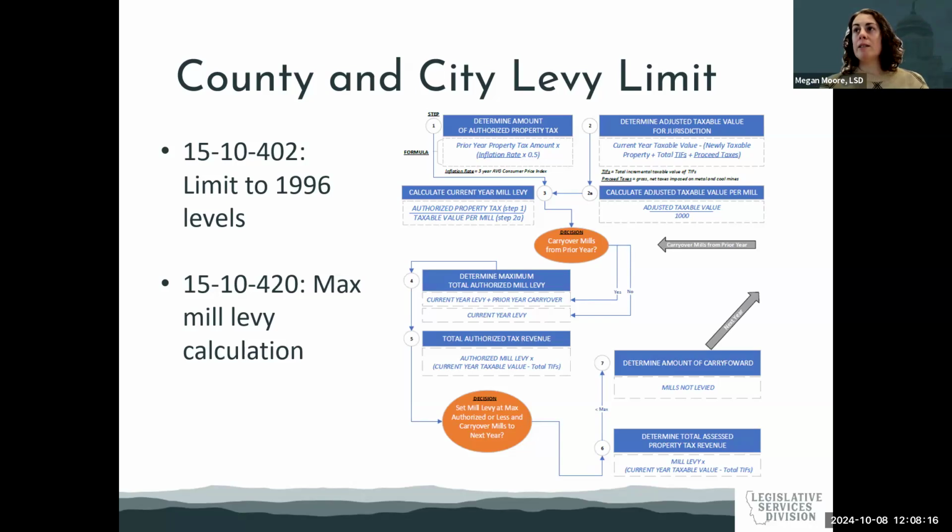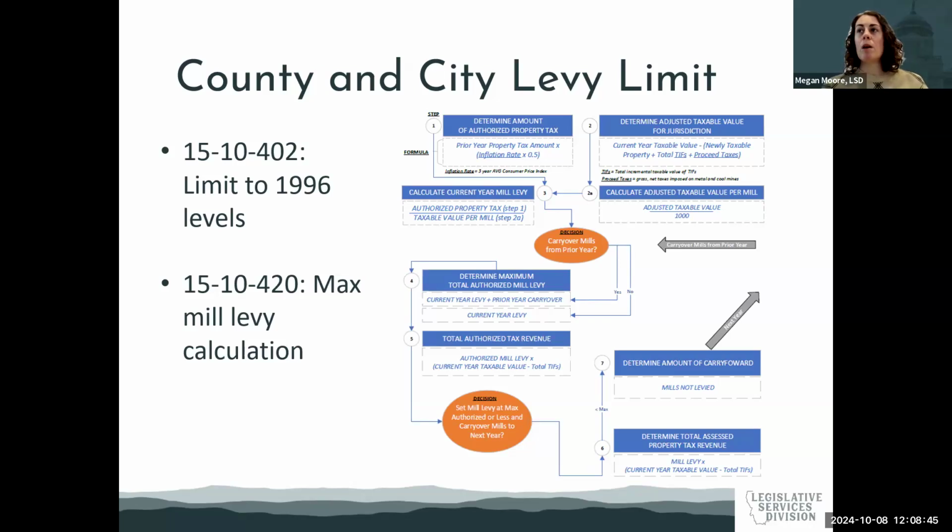But there are 3 adjustments to this amount. The first one is to remove the newly taxable property. A note on newly taxable property: this is new construction. It also includes newly subdivided property and property that's gone from exempt to non-exempt status, but it does not include increases in value from reappraisal.